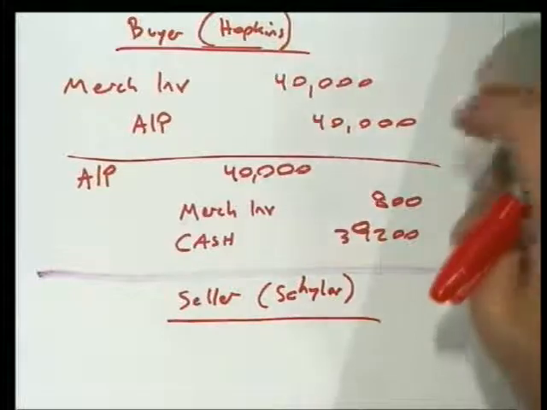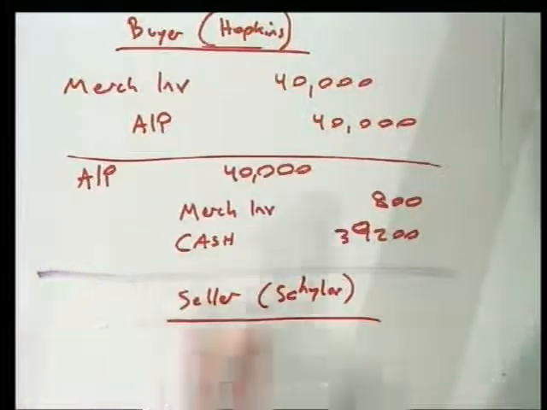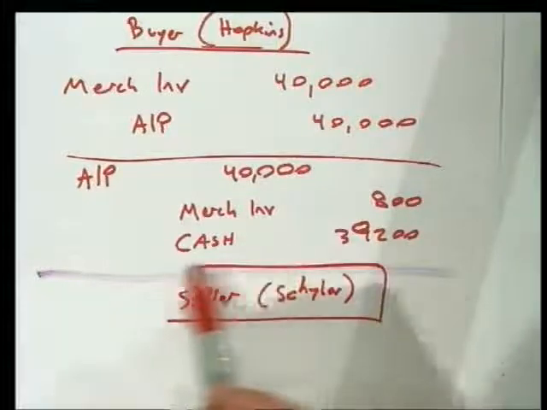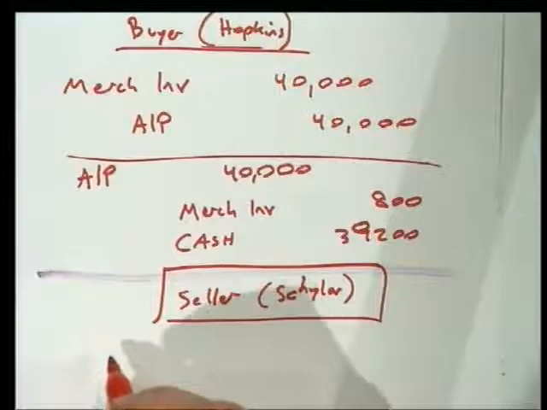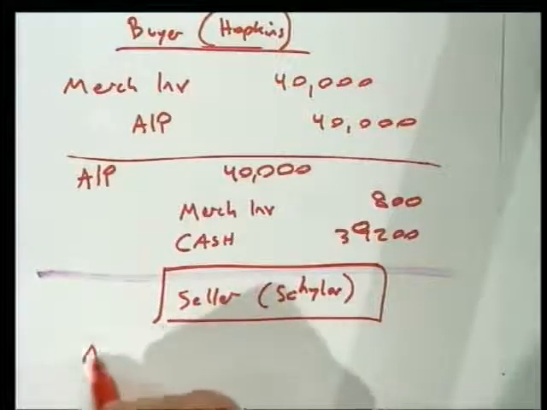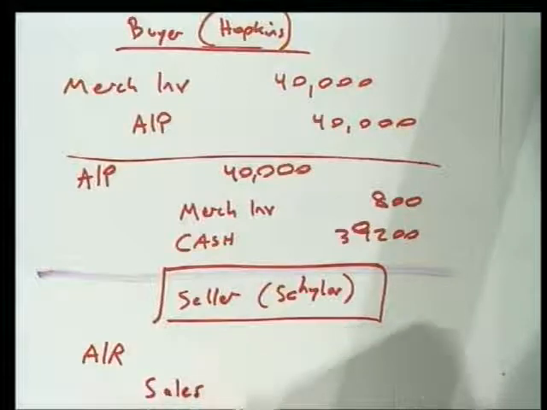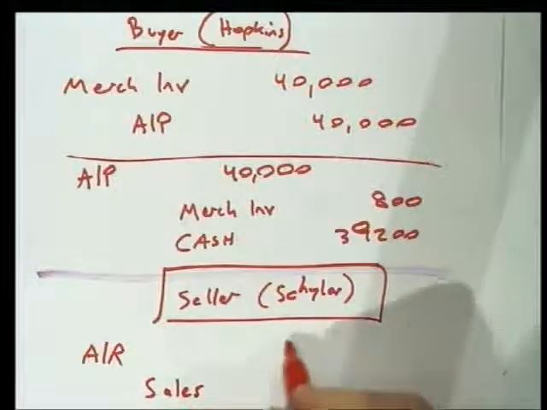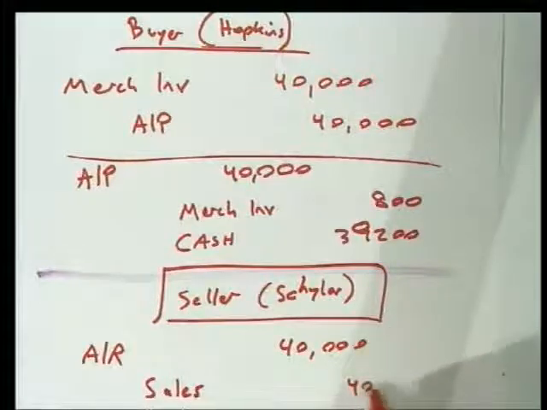When the initial transaction occurred, there actually were 2 journal entries, weren't there? There was an accounts receivable and a sales that were debited and credited for $40,000. Okay?